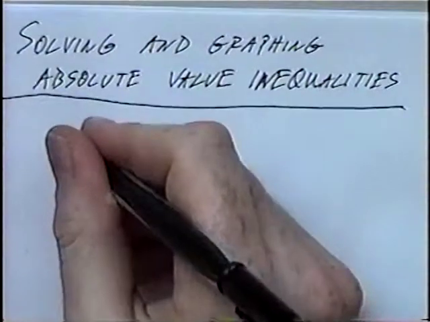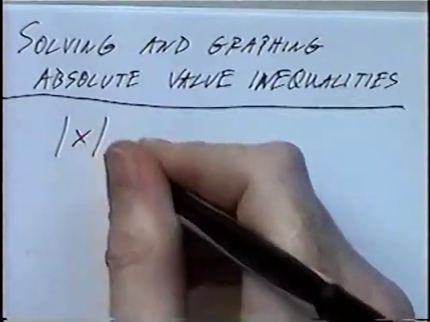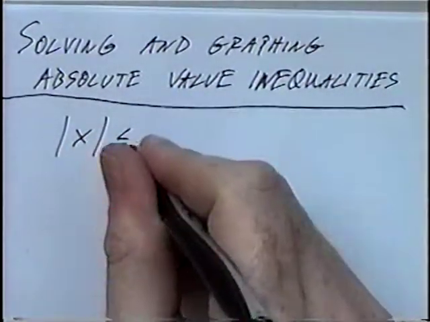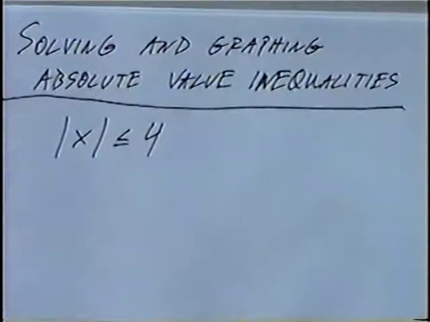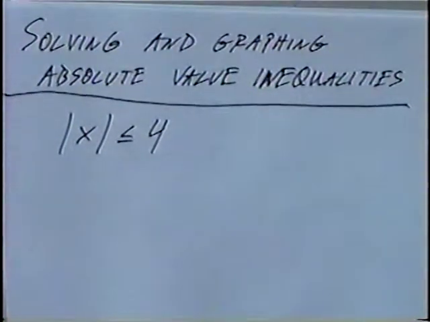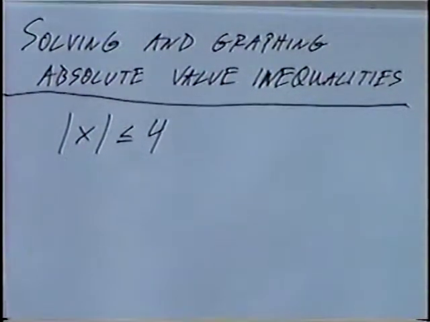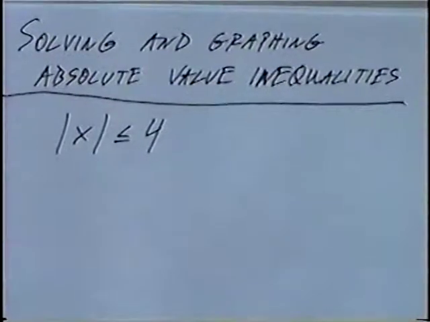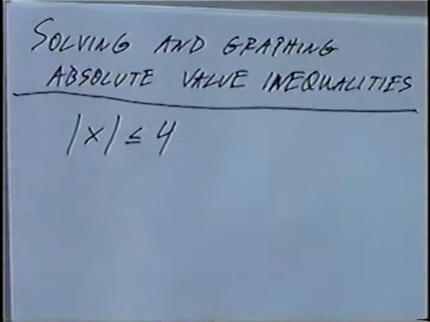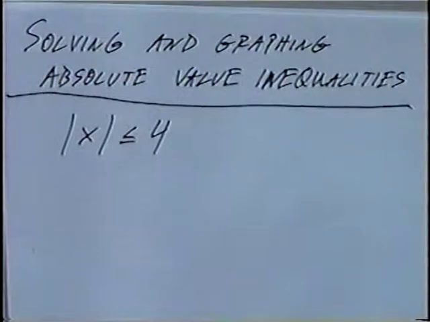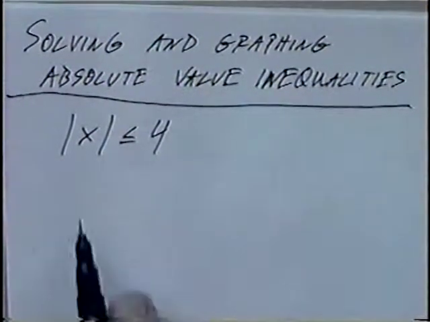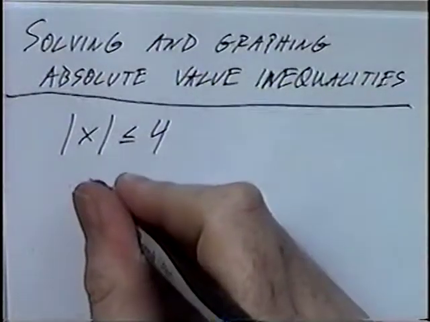First problem, absolute value of x is less than or equal to 4. To solve an absolute value inequality, the absolute value again you want isolated by itself, which in this problem it is. And one way to solve this is you can remove the absolute values.